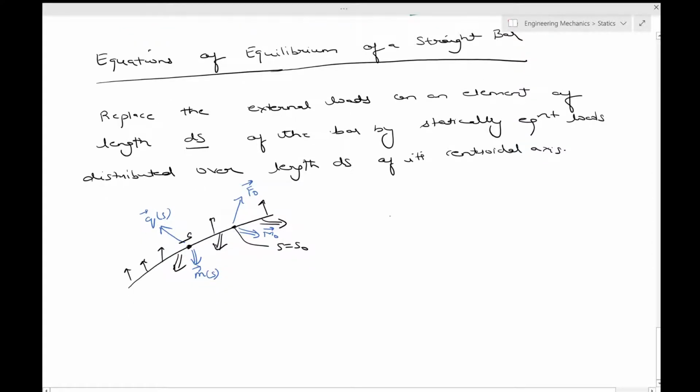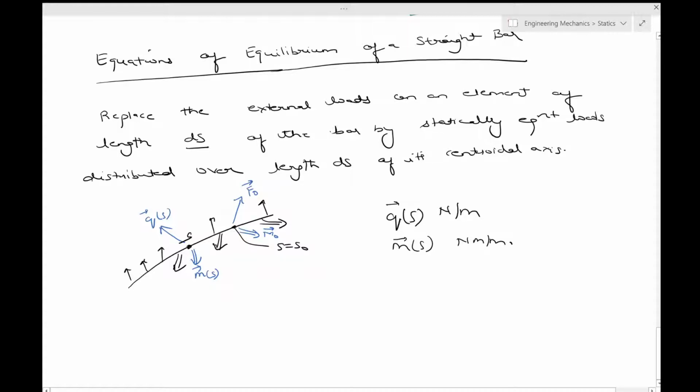So Q_S, clearly in this case, will be in newtons per meter, and the distributed external moment would be M, in newton meter per meter.